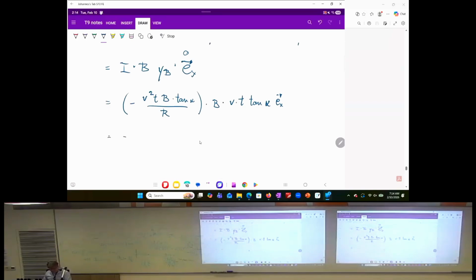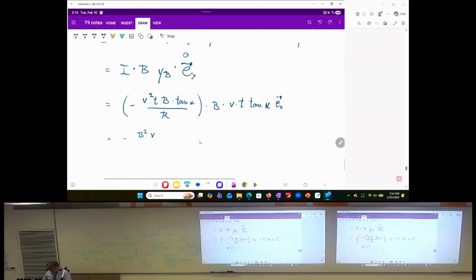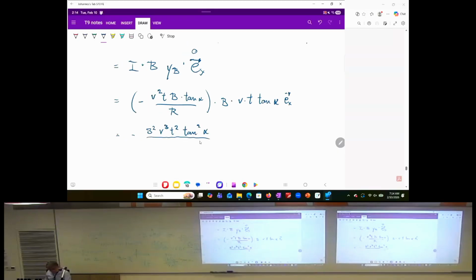We collect all these terms: v to the power of 3 times t squared times tangent squared alpha, over R, and it is directed in minus ex direction.